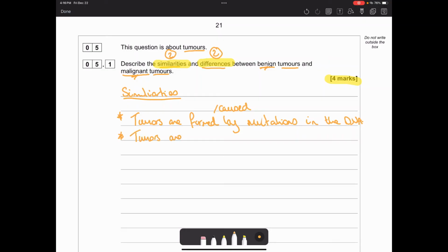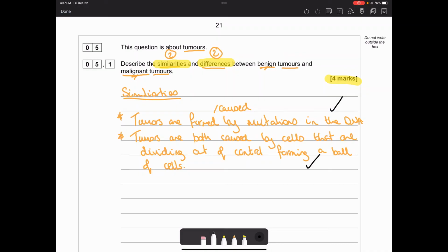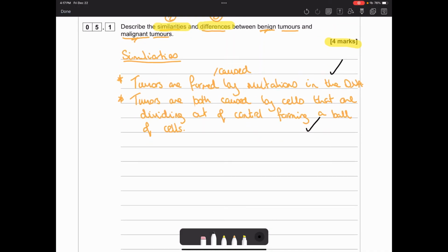Tumours are both caused by cells that are dividing out of control, forming a lump of cells. Okay, a ball or a lump of cells. And that is where I would leave it. Those are your 2 similarities. You've said what they've been caused by, and you've said what a tumour is.